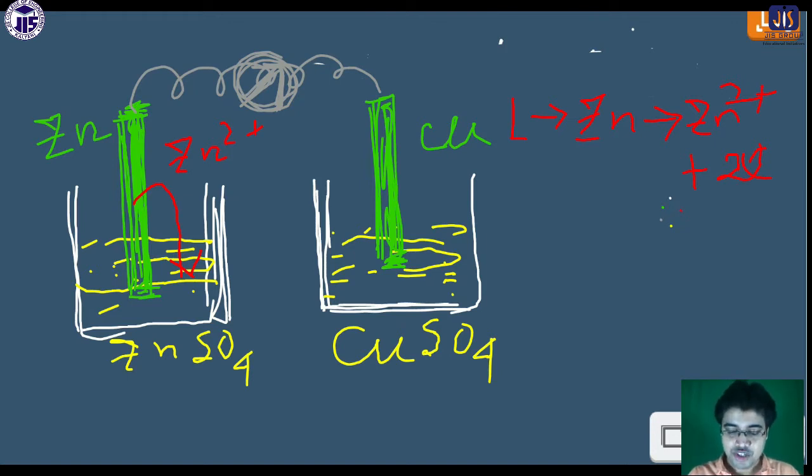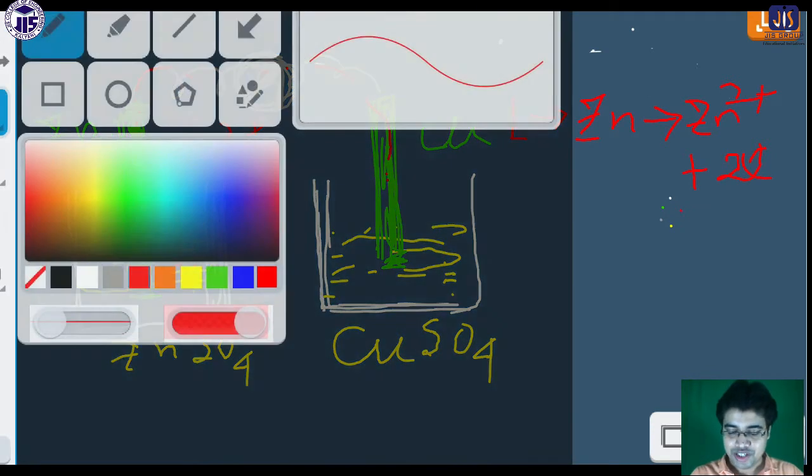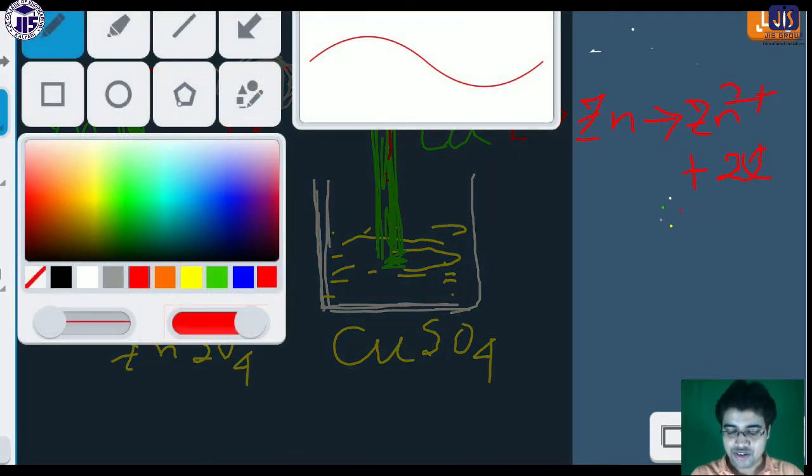So what happened? These 2 electrons are present here in the metal rod. If each and every zinc atom comes to the solution by losing 2 electrons, these electrons will be in the metal. These electrons come to the wire and go to the right hand side electrode, isn't it? So in the right hand side electrode, what happened?